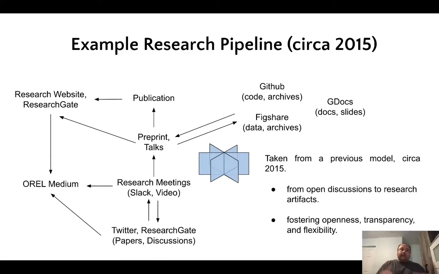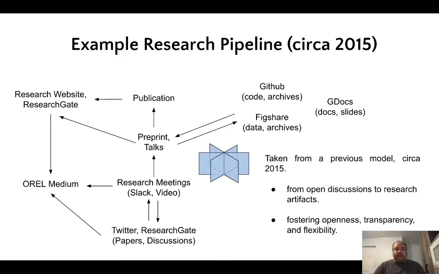or push them forward even to become some sort of publication, which then goes to the research website or ResearchGate, or it becomes a preprint or a talk. And even a preprint or talk can become a publication. And once we've done all this, we always like to preprint everything. If it's a paper, if it's a talk, we like to archive it.